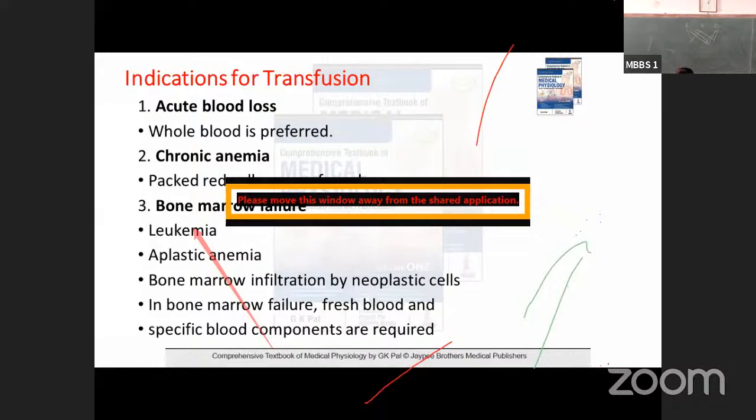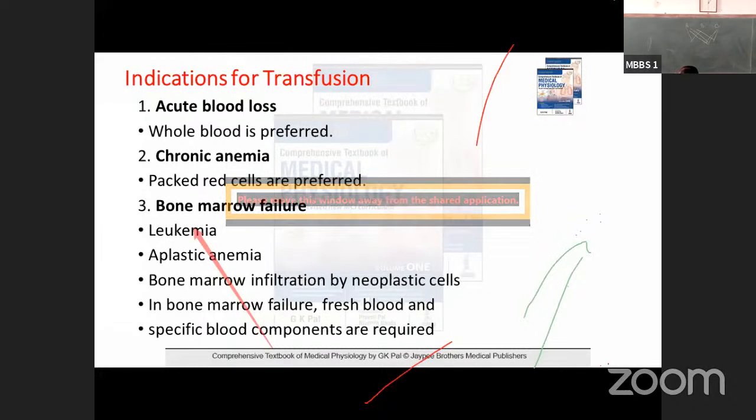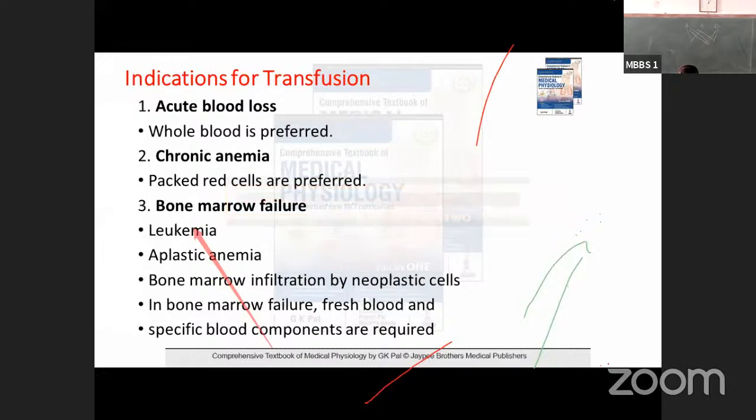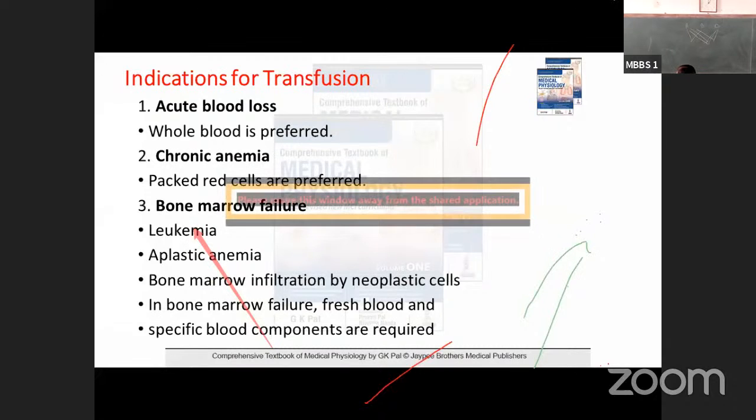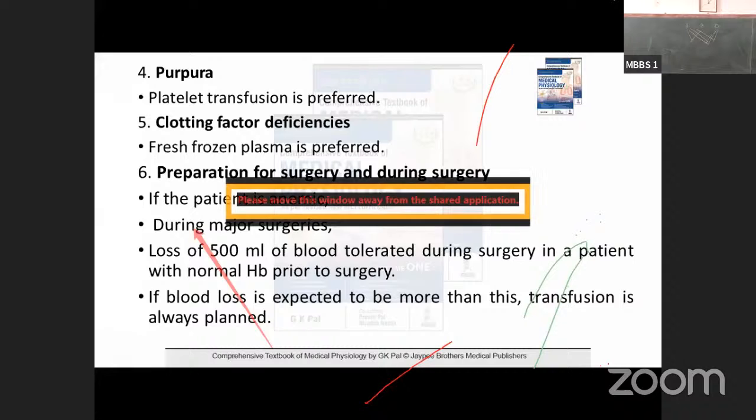In bone marrow deficiencies, like leukemia, aplastic anemia, or bone marrow infiltration by neoplastic cells, that is bone marrow failure, fresh blood and specific blood components are required. In purpura, platelet transfusion is given. In clotting factor deficiencies, fresh frozen plasma is preferred.